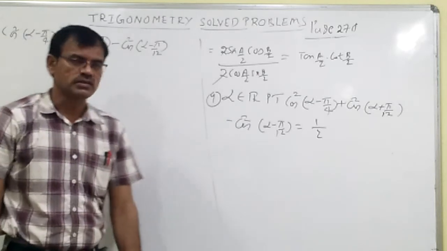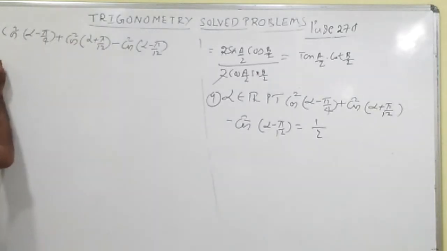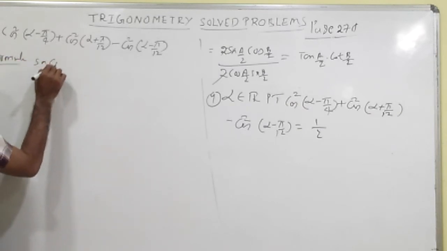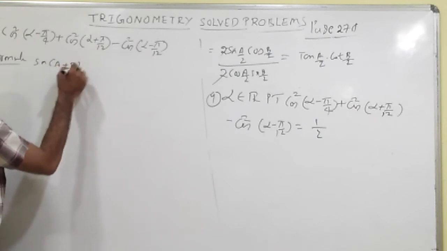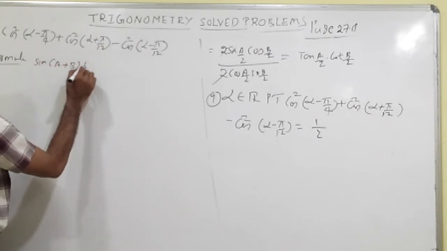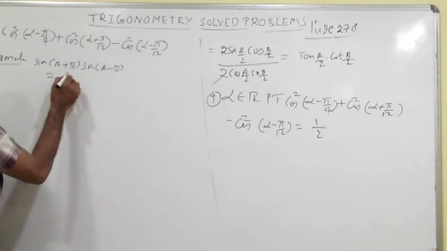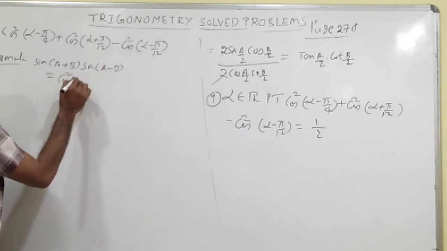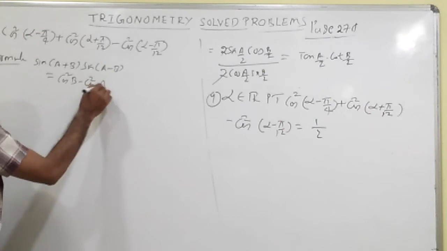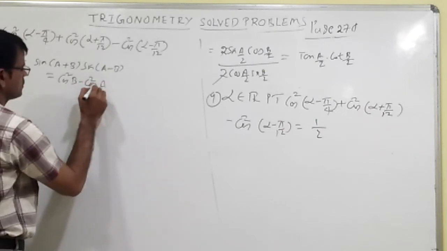One formula is there, the formula of sin (a plus b) into sin (a minus b). Sin (a plus b) into sin (a minus b) is equal to cos square b minus cos square a.